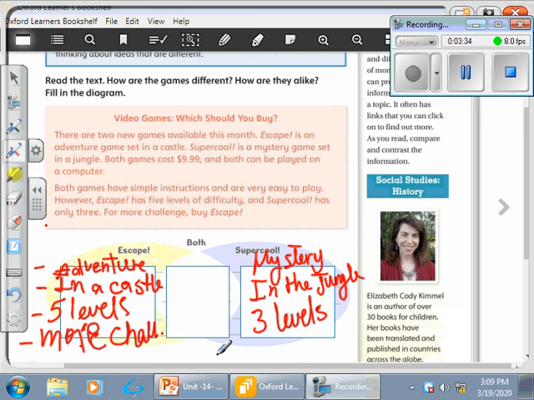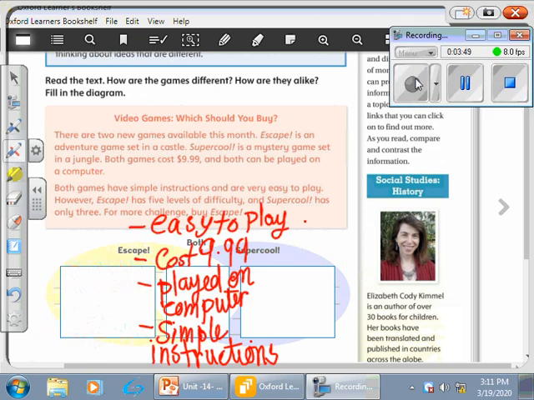Now take your time to write the similarities, the similar common points between both of them. Take your time and then check the answers. Now, I want you to check the points of comparison, the similarities between both games.